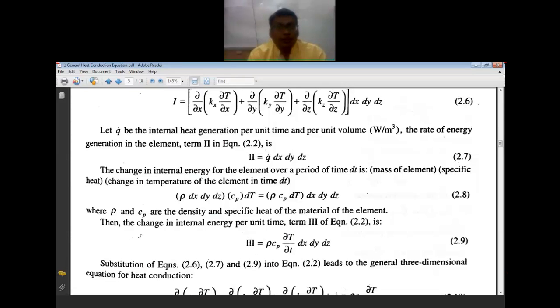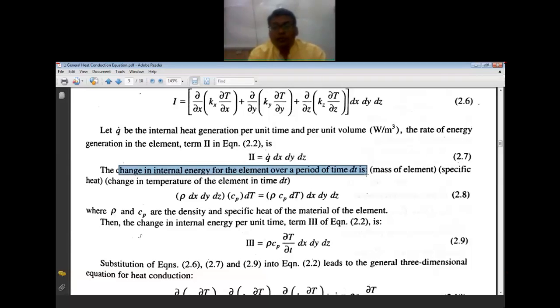Now the calculation of the third term, that is the accumulation term or the change in the internal energy of the element over a period of time dt. That is, mass of the element m into the specific heat Cp into the change in the temperature of the element in the time dt.